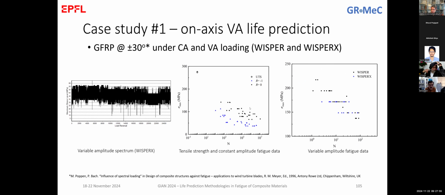So we can use this SN curve data to develop the CLD, and we can use these Whisper and Whisper X spectra to validate or evaluate the assessment potential of the theory.